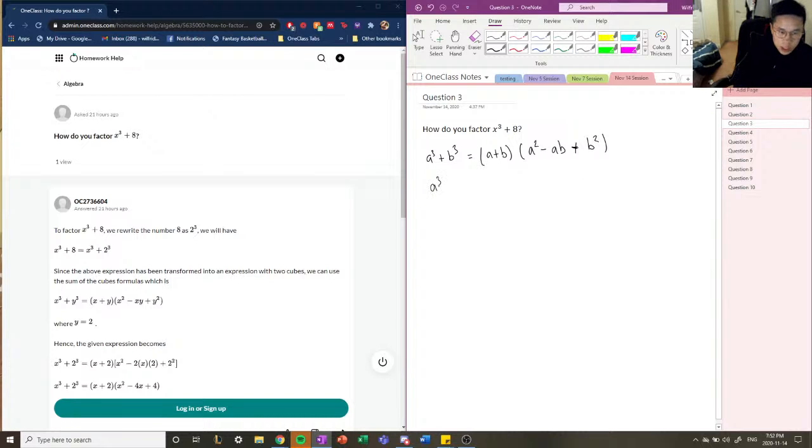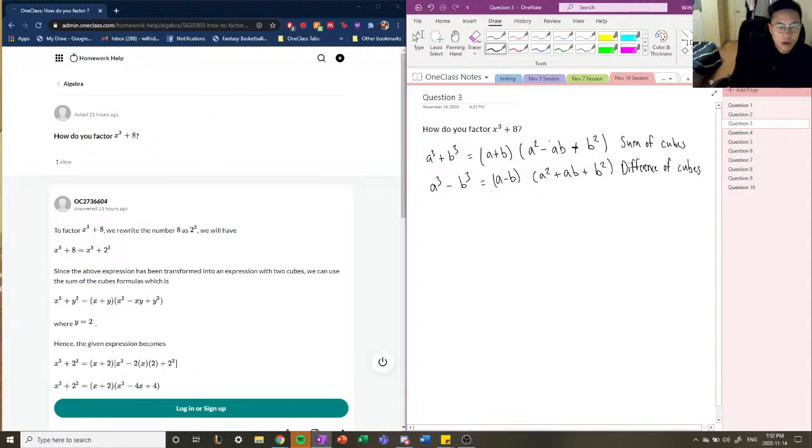If you had the difference of cubes, then the factoring would be a minus b times a squared plus ab plus b squared. So this is sum of cubes, and this is difference of cubes.